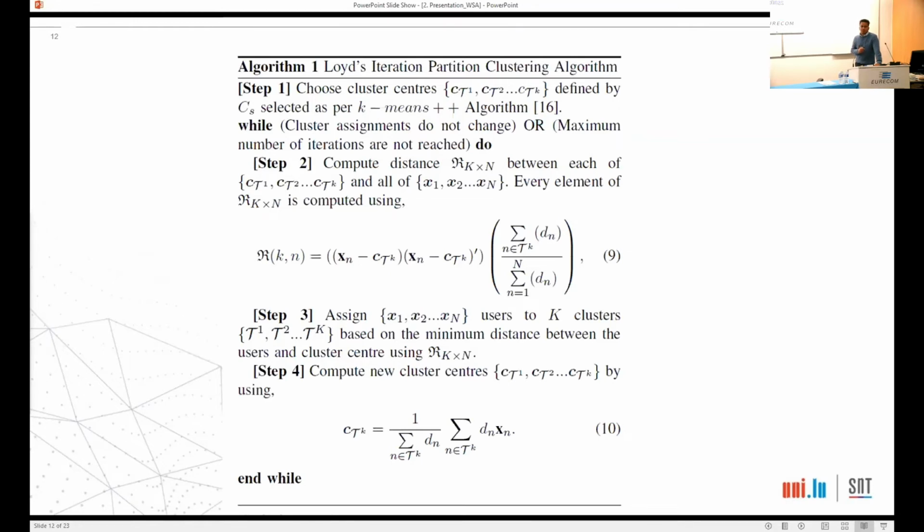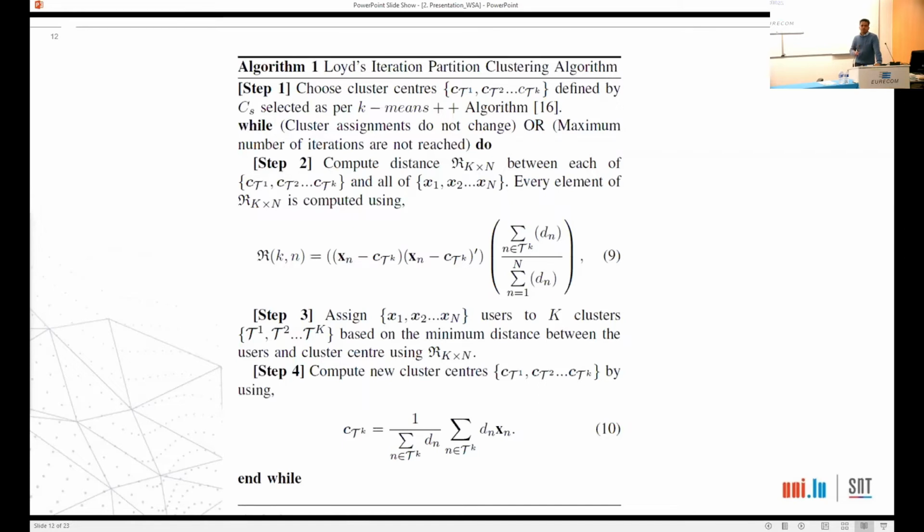Then in step 3, we assign users to the clusters which are closest to them, which we can find out using the R matrix. And then finally we compute the new cluster centroids using equation number 10. We go through this in a loop until the cluster assignments do not change, or the maximum number of iterations is reached. By the end of this algorithm, we obtain different clusters.